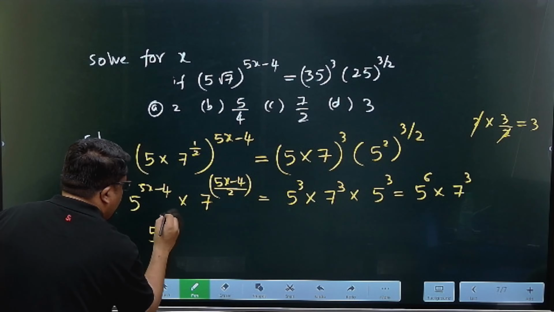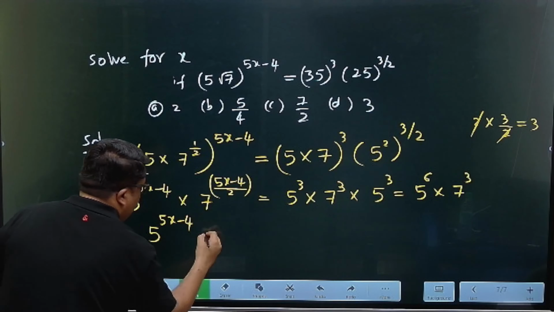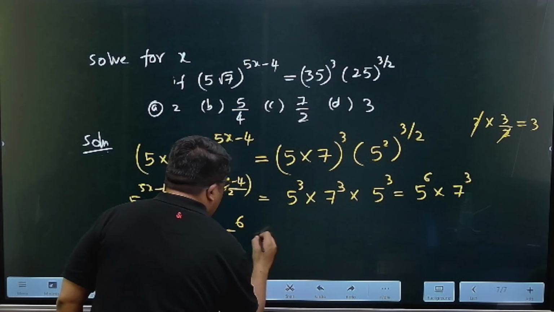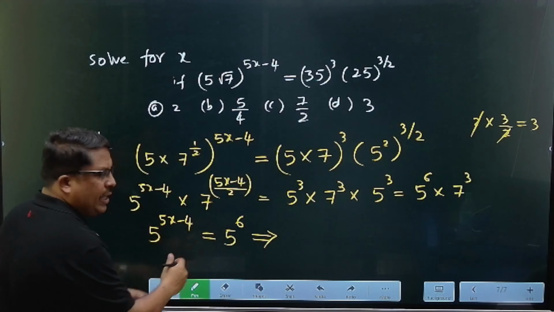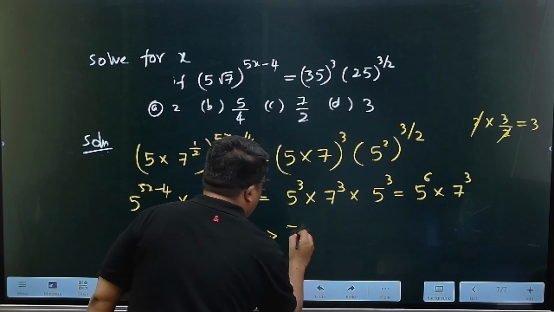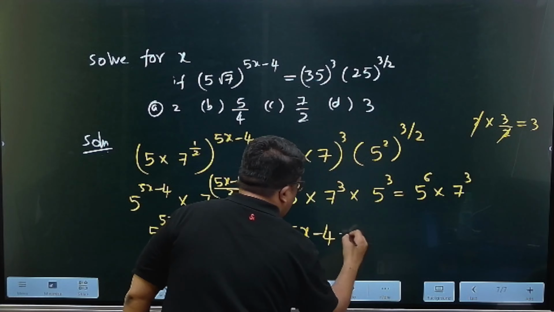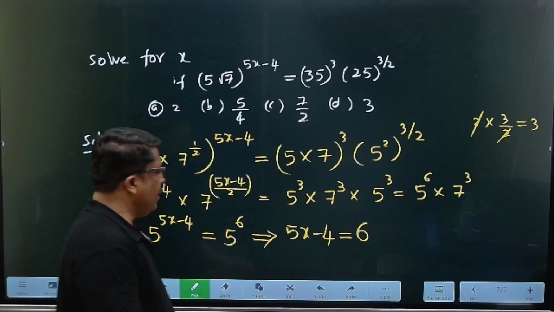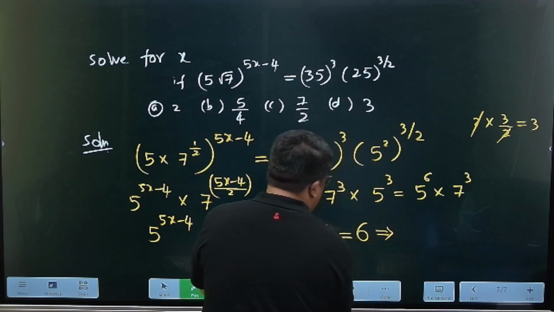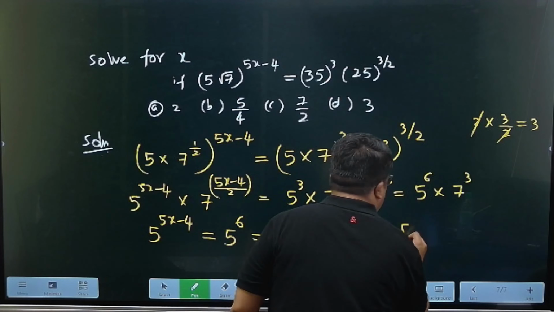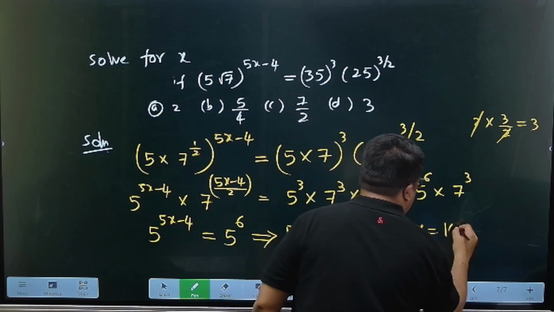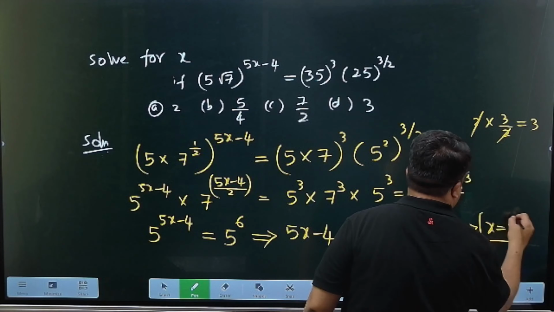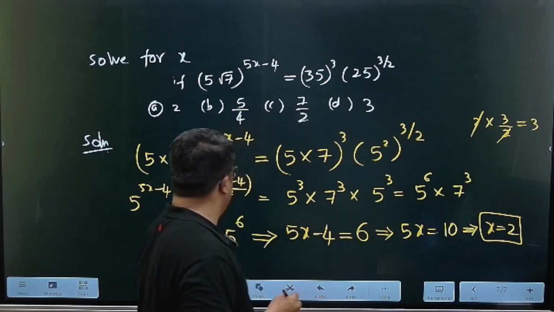So 5 to the power of 5x minus 4, this is equality with 5 raised to x. Bases are same, so equate the indices: 5x minus 4 equals 6. Then take this term minus 4 to this side, that becomes 6 plus 4, 10. So the value of x will be 2.